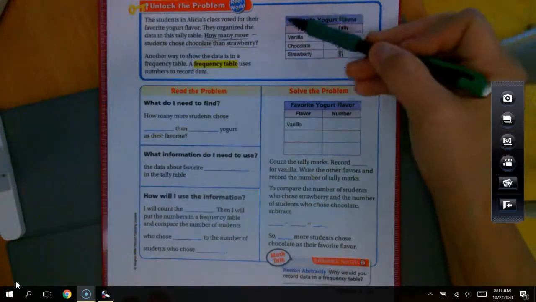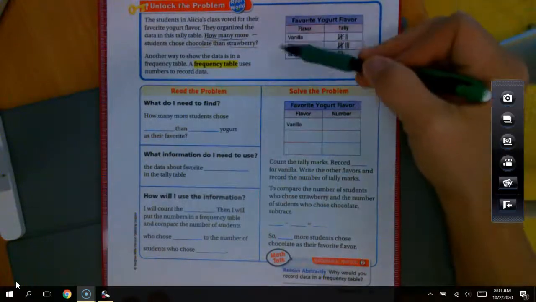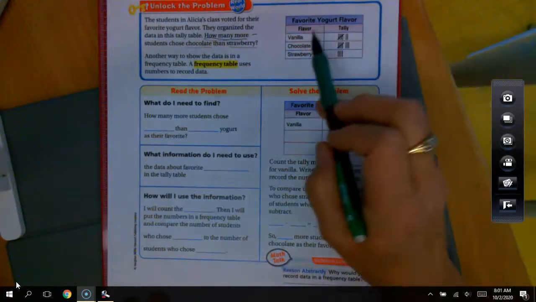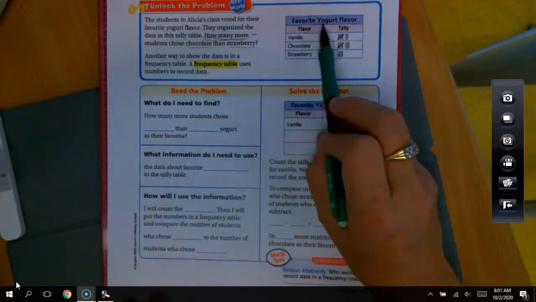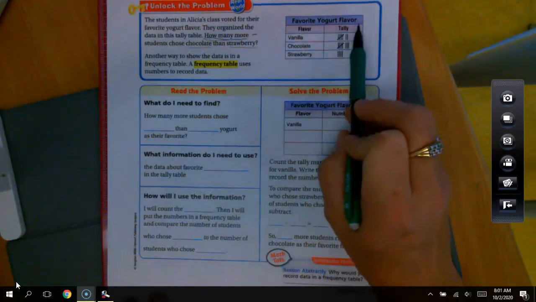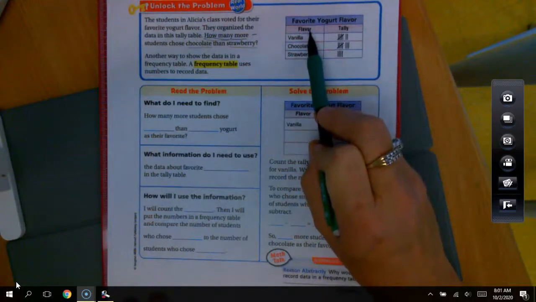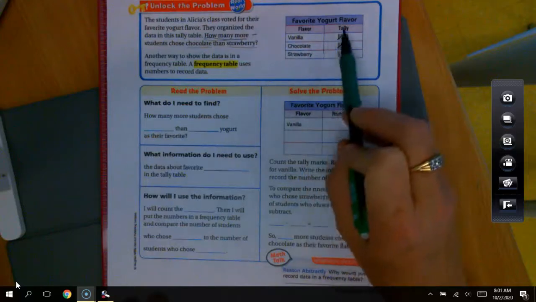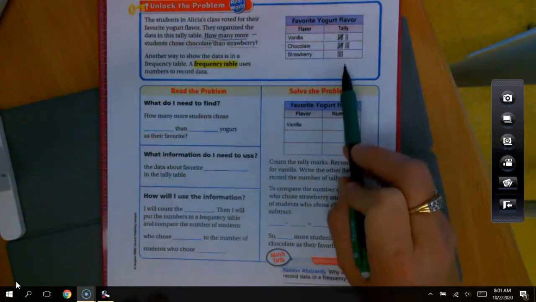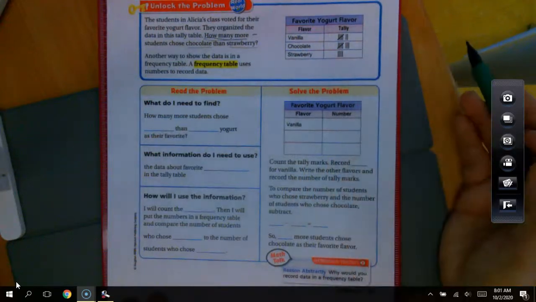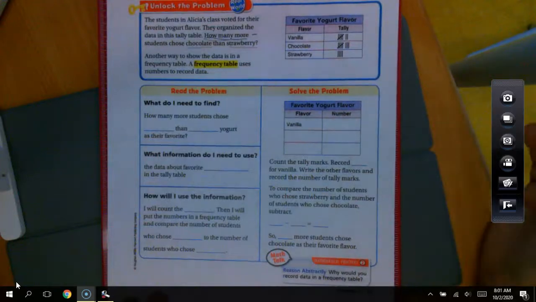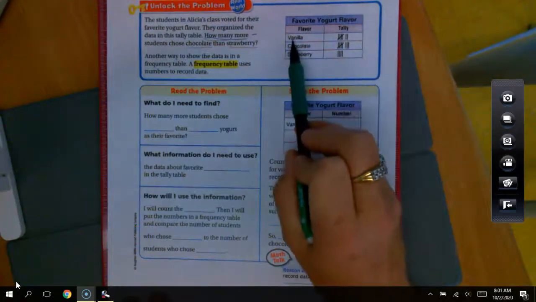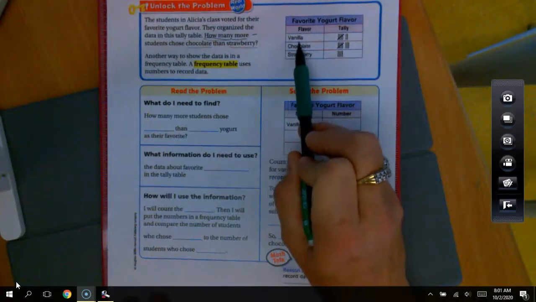So if you look over here, I have my tally table. You can see that I have my title, favorite yogurt flavor, and then I have my flavors on the left and my tallies on the right. So to look at this tally table and to be able to understand and read it, I have my first flavor, which is vanilla.